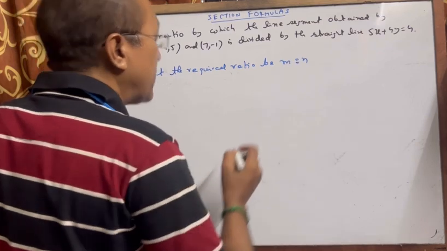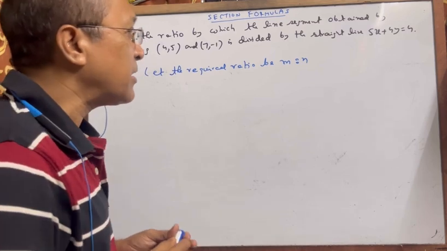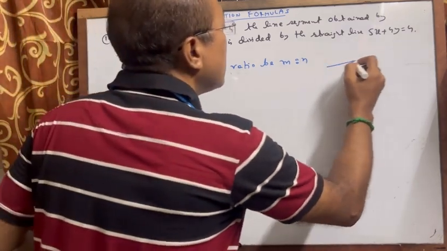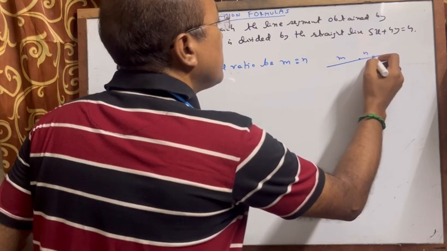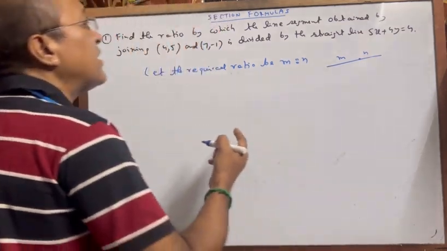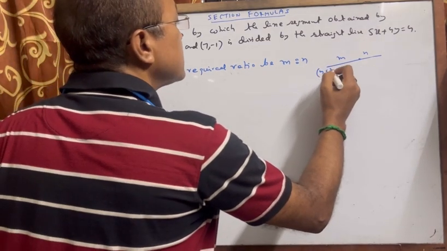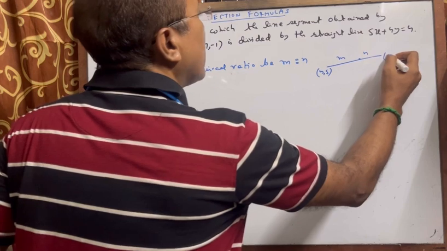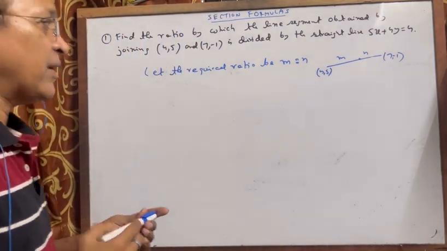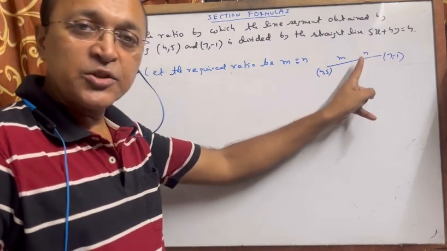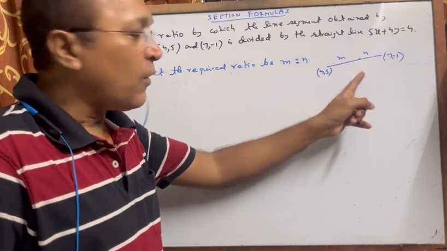m is to n. It means any line segment whose two terminal points are (4, 5) and (7, -1) is being divided by the ratio m is to n, right?